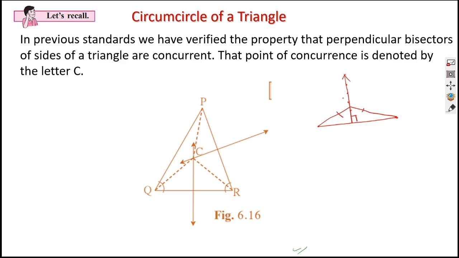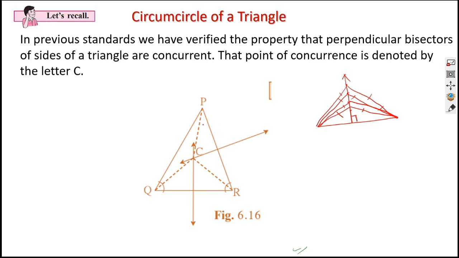These two segments will be congruent. The length of the line segment connecting a point on the perpendicular to the end points of the line segment will be congruent. You have studied and you have experimented. That principle is used here.